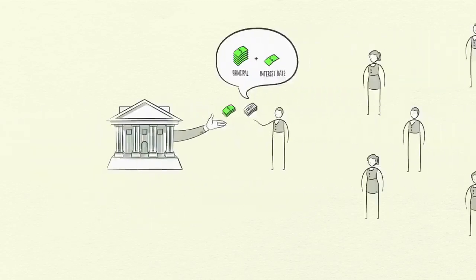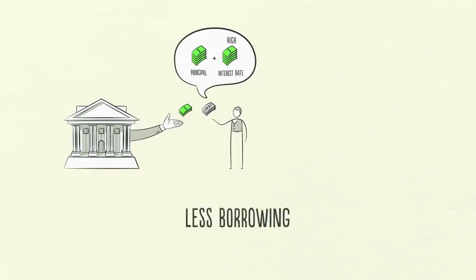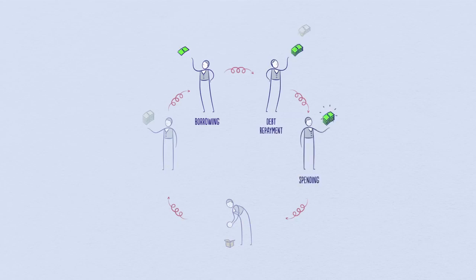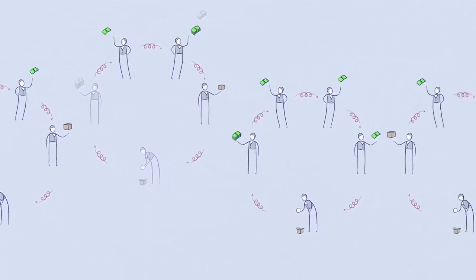With higher interest rates, fewer people can afford to borrow money, and the cost of existing debts rises. Think about this as the monthly payments on your credit card going up. Because people borrow less and have higher debt repayments, they have less money left over to spend. So spending slows. And since one person's spending is another person's income, incomes drop, and so on and so forth.